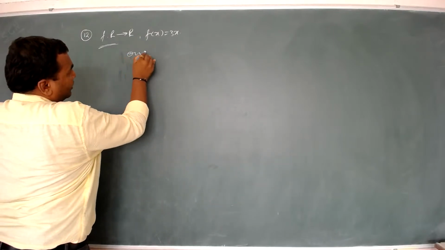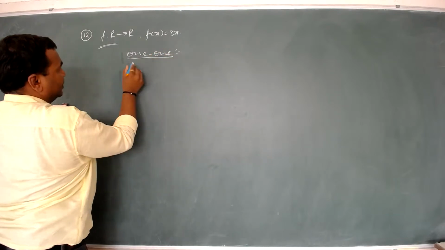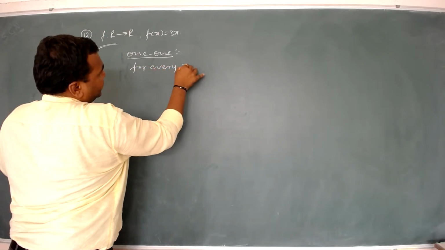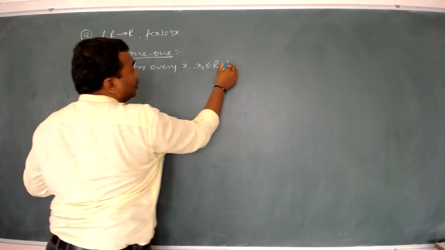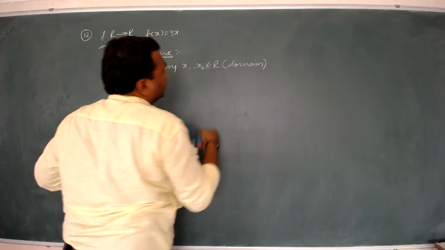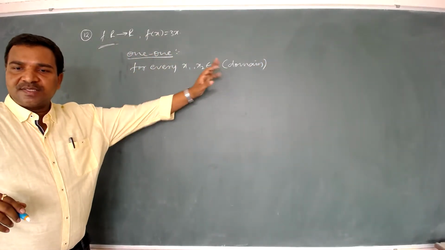First, 1-1. Let's see. For every x1, x2 belongs to R. What is R here? Domain. That's why I am mentioning it. x1, x2 belongs to R, R is the domain.